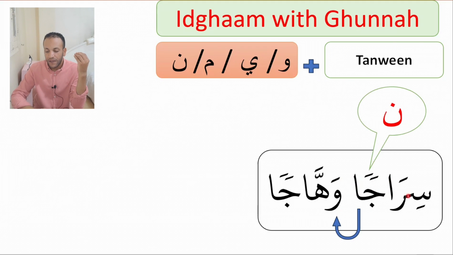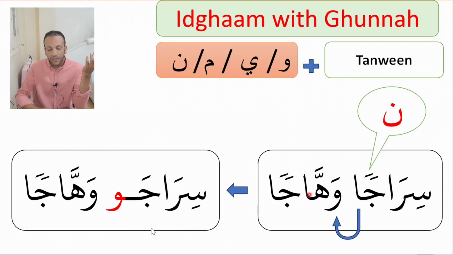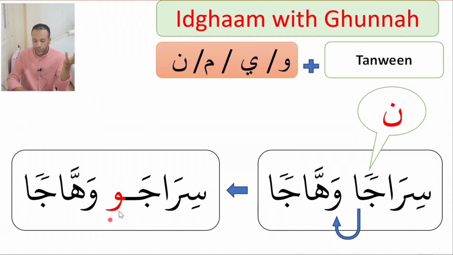So here, if you pronounce this word with Tanween, you will say sirajan. This Noon, which is not written but which we refer to as Tanween, you will insert it in the following letter. So I will double the following letter, so it will be twice. The second one is original, it is here. And the first one, the consonant one here that I wrote in red, is what I changed.